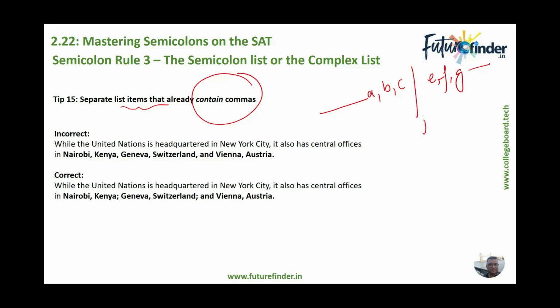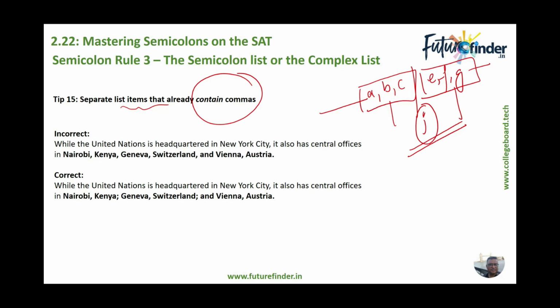This basically is demarcated by using a semicolon. That is the simple idea of this rule. That if you have got a list which is different from another list in the same sentence, the major lists are to be demarcated by using a semicolon. That is the simple rule.